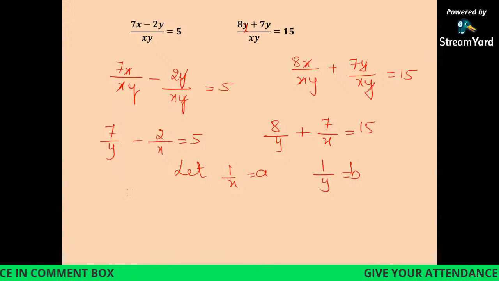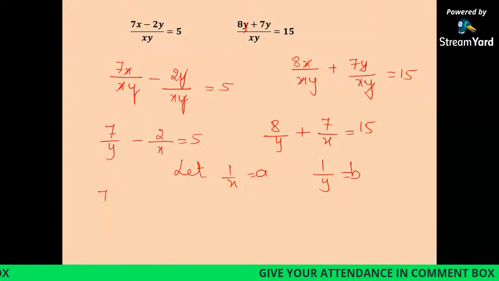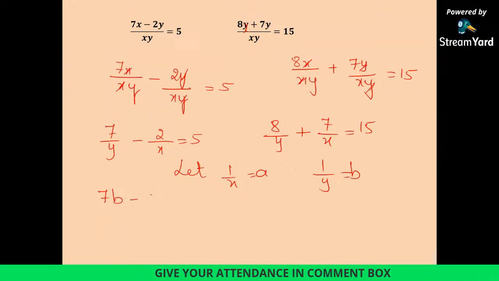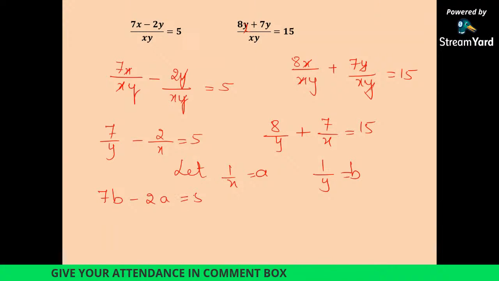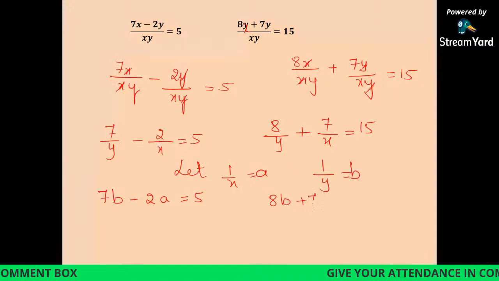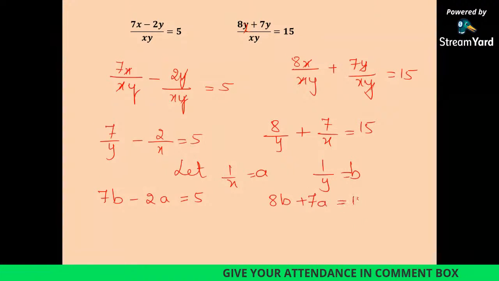Now see here how you write. This equation will become 7b minus 2a is equal to 5, and this equation becomes 8b plus 7a is equal to 15.